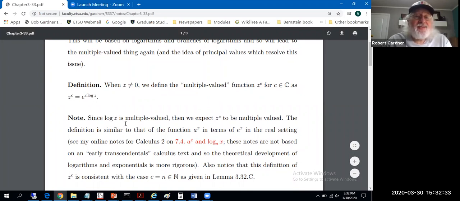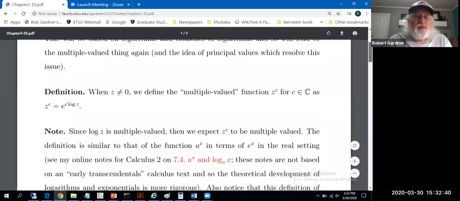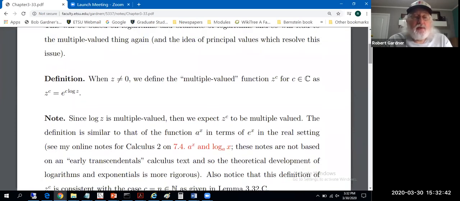Here, this log z denotes the multiple valued log function that we dealt with in the past, telling you then this z to the c thing is potentially also a multiple valued function as well.